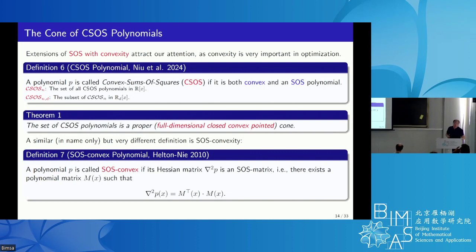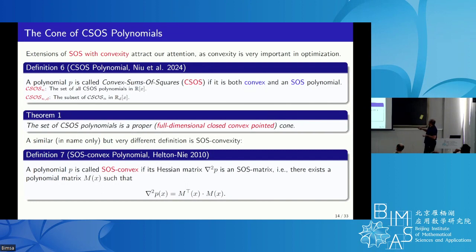Another similar definition, but similar only in name, is quite different. It is SOS convexity, proposed in this year by Helton and Nie. This is the kind of polynomial whose Hessian matrix can be written as a polynomial matrix M transpose times M, so it is this kind of matrix called an SOS matrix.